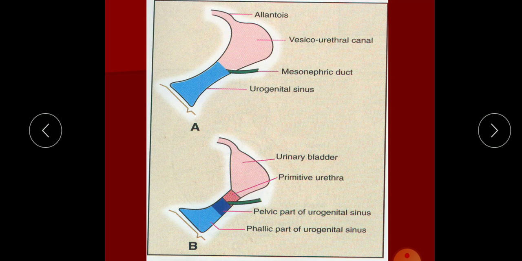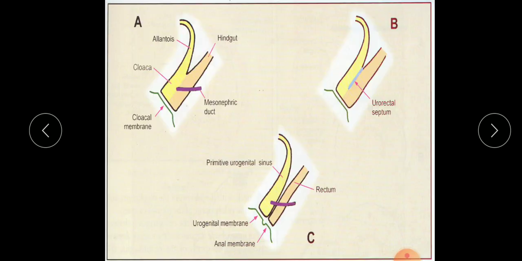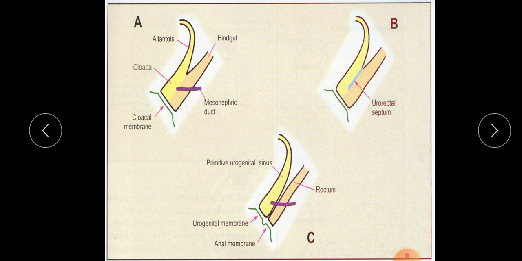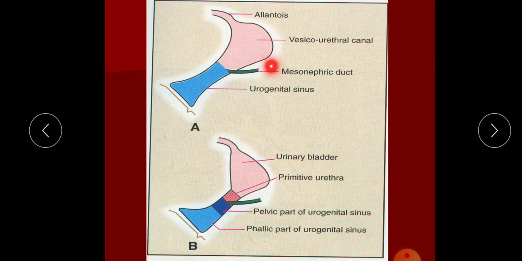Now what happens? Into this urogenital sinus you find the mesonephric duct opening. This mesonephric duct, which is opening into the urogenital sinus, will divide the urogenital sinus into two: the vesico-urethral canal and a definitive urogenital sinus.